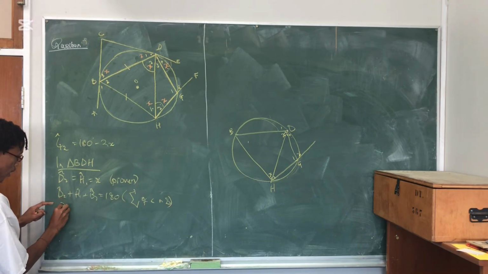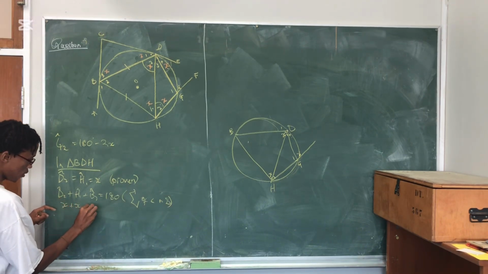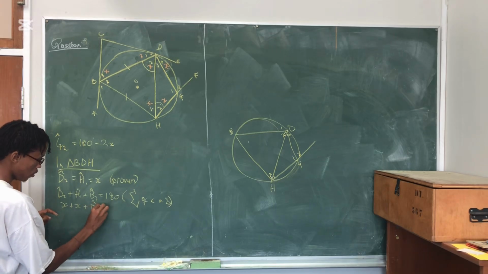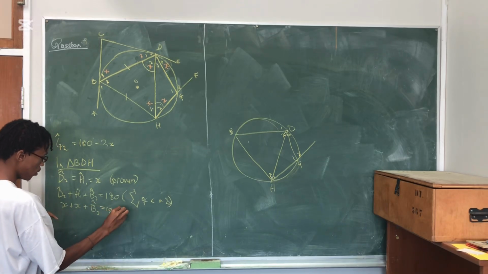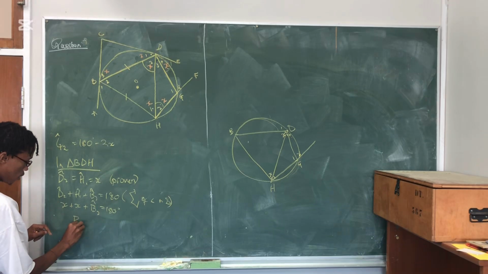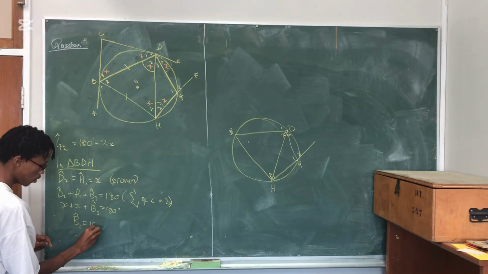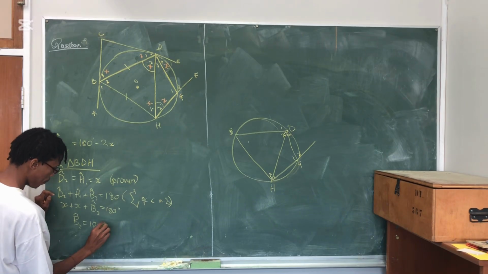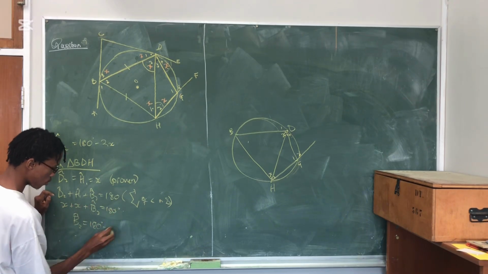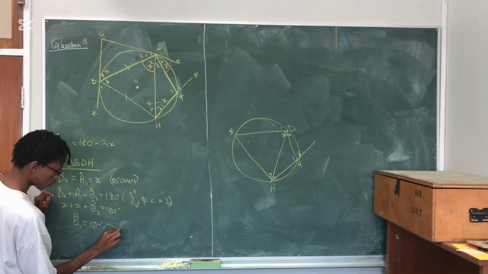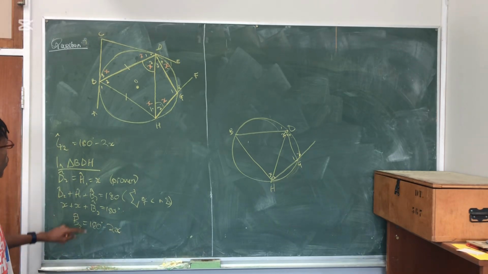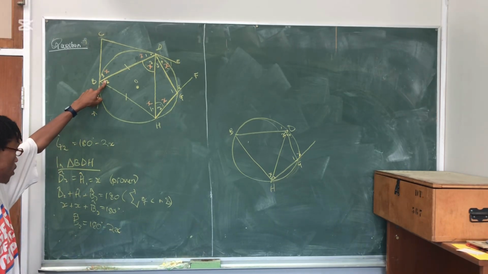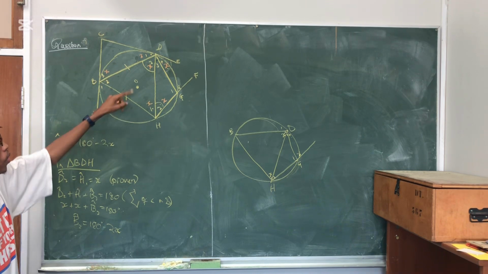This is going to be x plus x plus B2 is equal to 180 degrees. Make B2 the subject of the formula. It is going to be 180 degrees minus, transposing these x's all to the other side, 2x. So from this point we have B2 as 180 minus 2x.